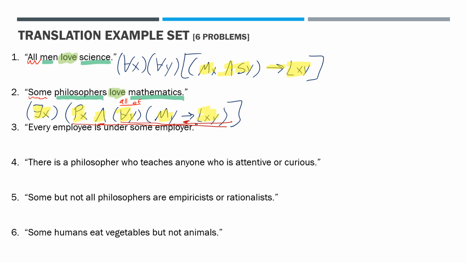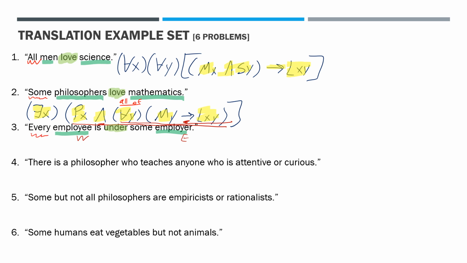Number three, every employee is under some employer. Under is a relational predicate. We have two general terms, employee, employer. And I'm going to say that employee is W and employer is E. Also notice the every.